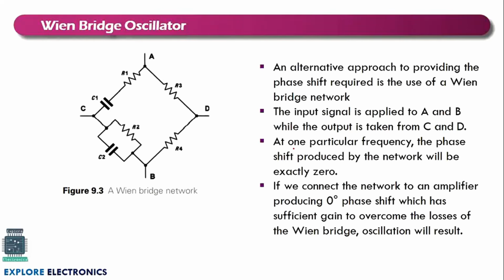Similarly, here also in the Wien bridge oscillator, at one particular frequency in this bridge network, we are going to get the phase shift of the signal exactly 0.